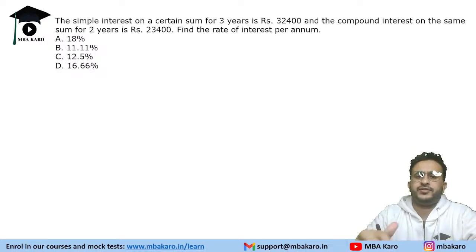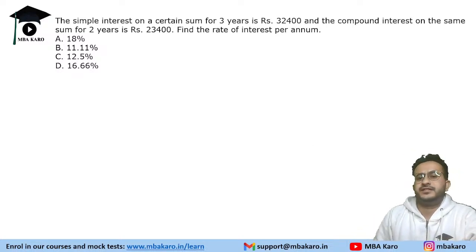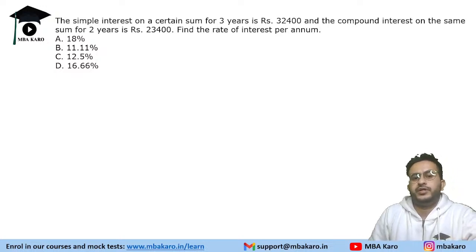The simple interest on a certain sum for 3 years is 32,400 and the compound interest on the same sum for 2 years is 23,400. Find the rate of interest per annum.